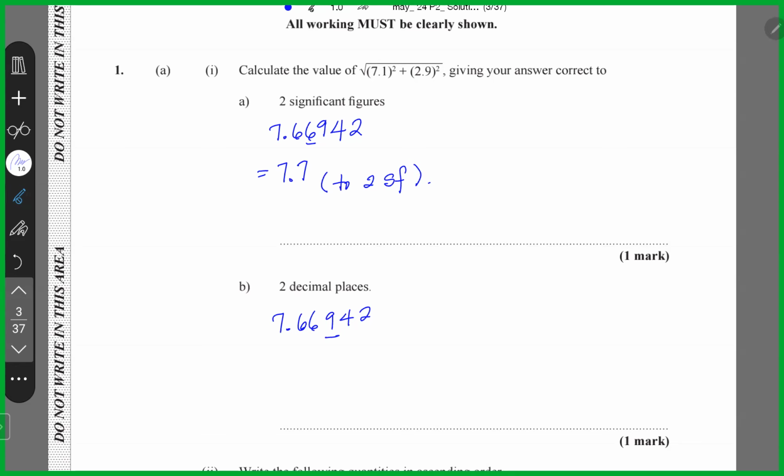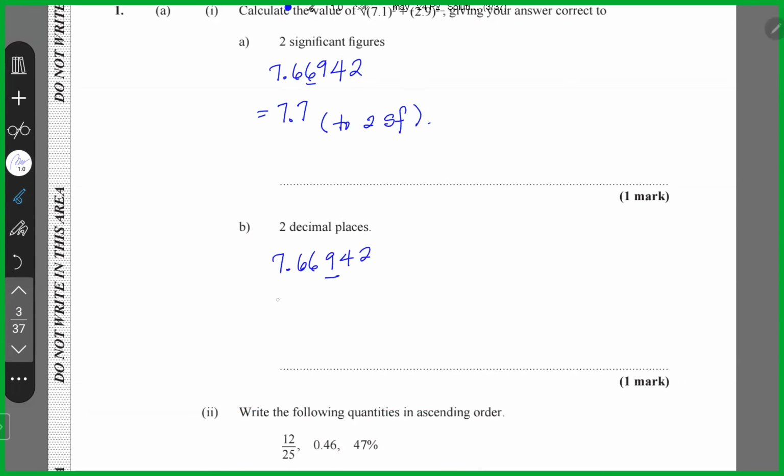Now, if the digit I'm looking at is 5 or more, I'd add 1 to the digit before it. If it's 4 or less, I will drop it and every digit after it. Now, since the digit I'm looking at is 9, I'm going to add 1 to the digit before it. So the answer is 7.67 to 2 decimal places.